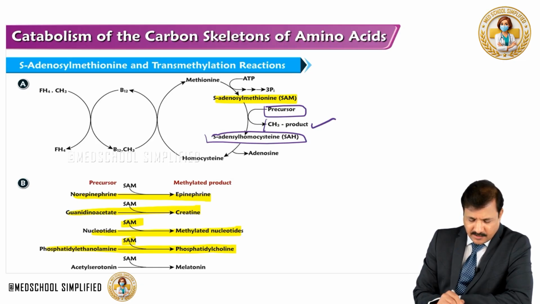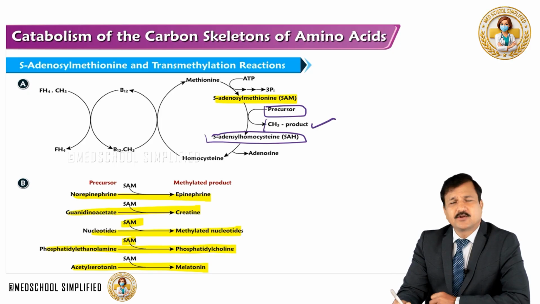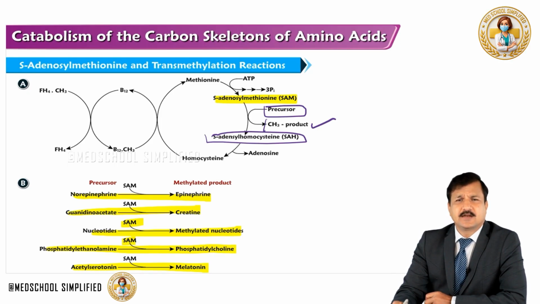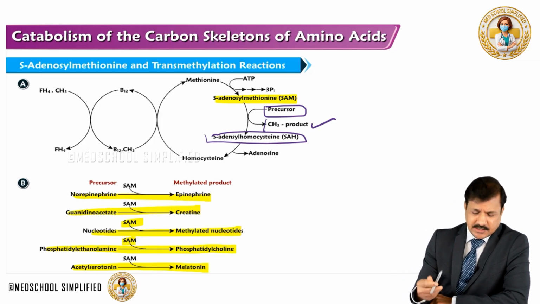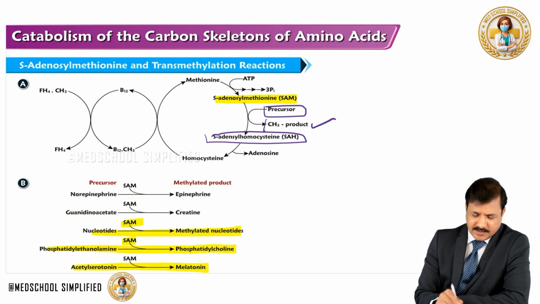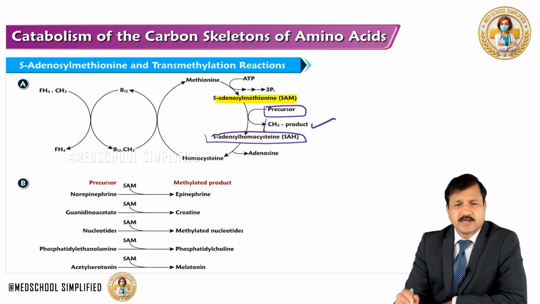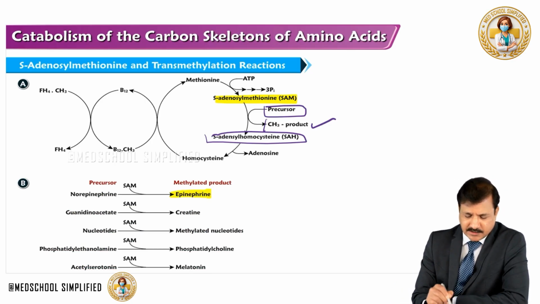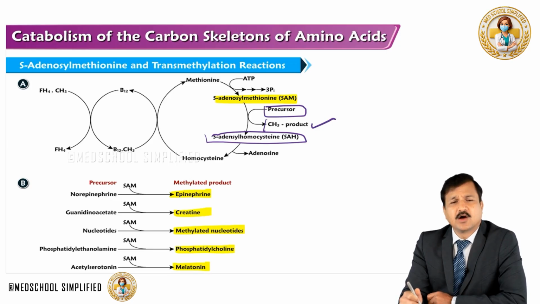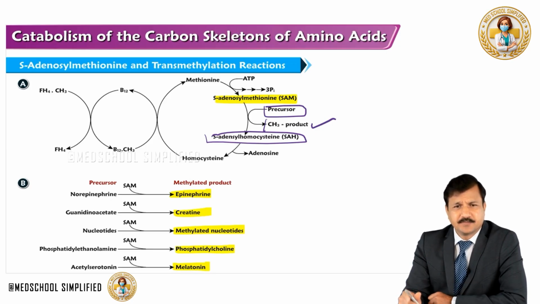And then conversion of acetyl serotonin into melatonin. Melatonin is synthesized in the pineal gland and maintains circadian rhythm. So melatonin synthesis needs SAM. These are some of the reactions where SAM is used as the methyl group donor, and make sure you remember these reactions, very important: formation of epinephrine, creatine, methylated nucleotides, phosphatidylcholine and melatonin. They all need SAM as the methyl group donor.